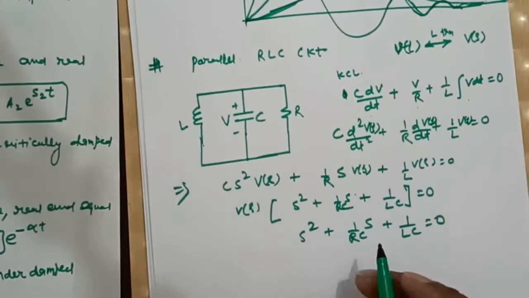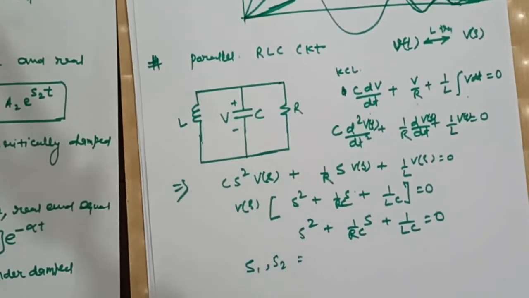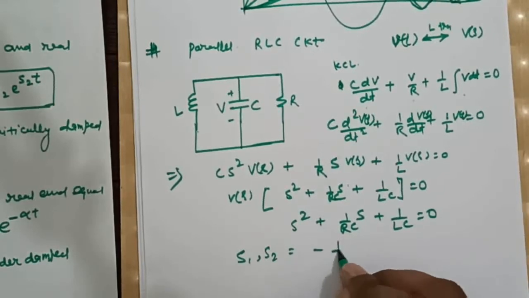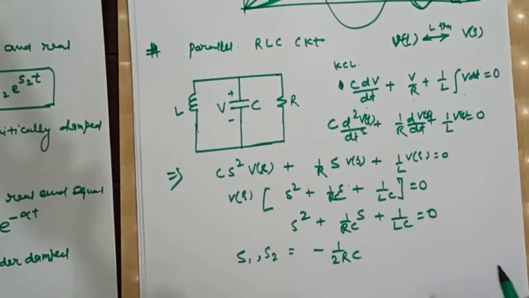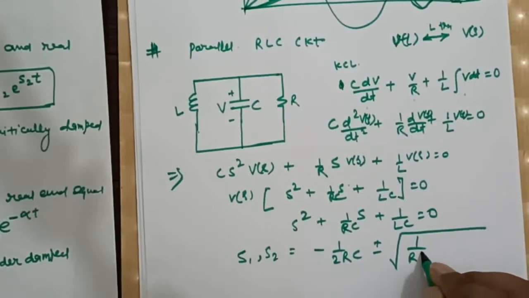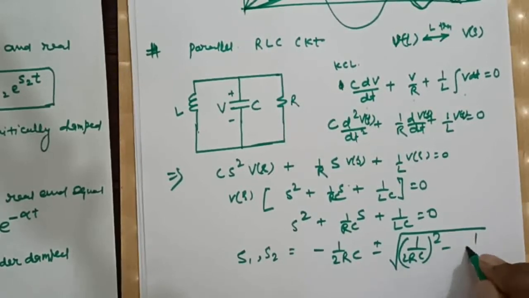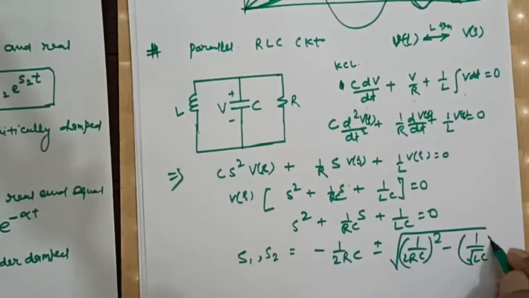Now the same as the previous one, this will have two roots, minus 1 by 2RC plus or minus root over (1 by 2RC) square minus (1 by root LC) square.